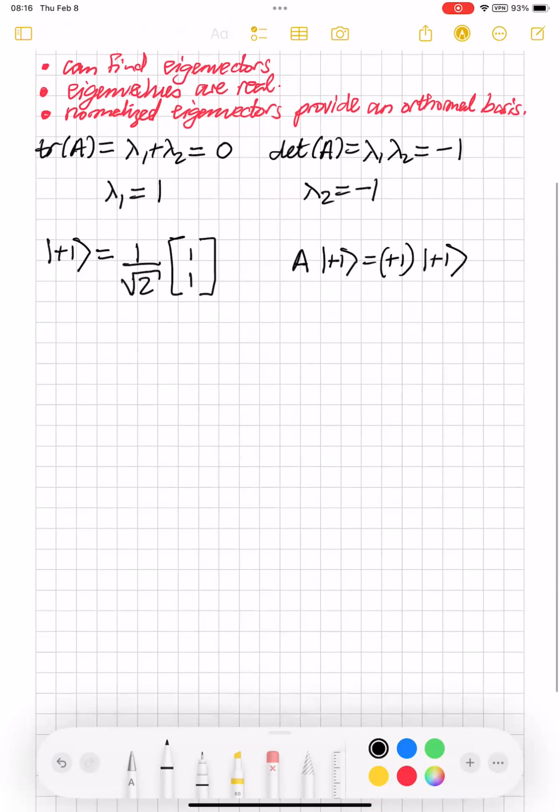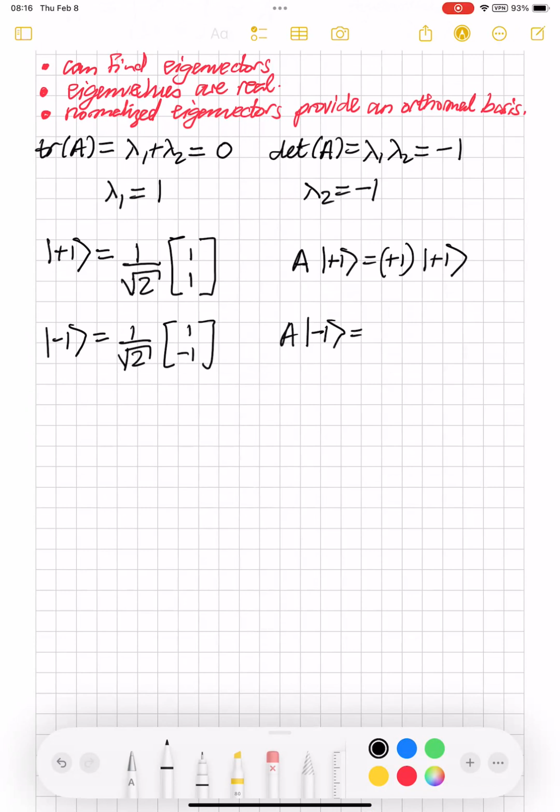And similarly, the eigenvector with eigenvalue -1 is given by 1 over root 2, (1, -1). And I have normalized both eigenvectors, and this is the equation that you would use to check that I didn't make a mistake in writing down that second eigenvector.